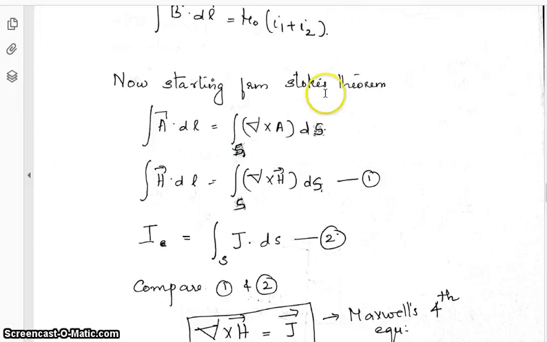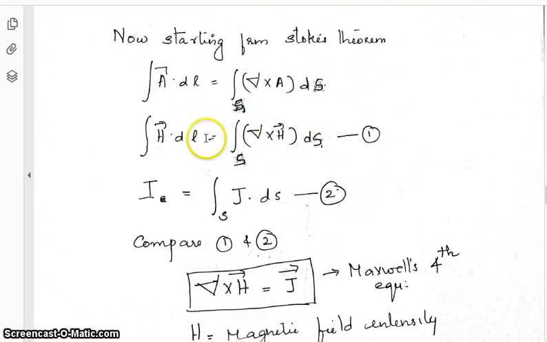Okay, now we will go back to Stokes' theorem, that is, integral A dot dl, the line integral of vector A, is equal to the surface integral of the curl of that vector, that is, del cross A will give you the curl. Here A is a vector and ds represents a surface area.